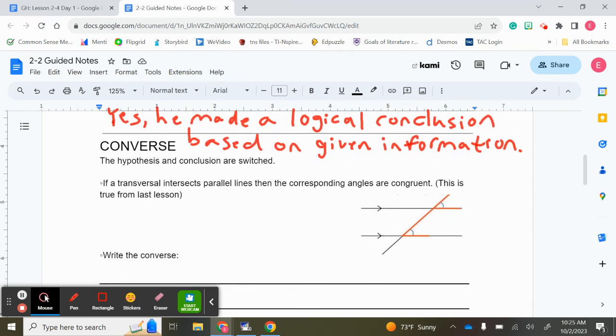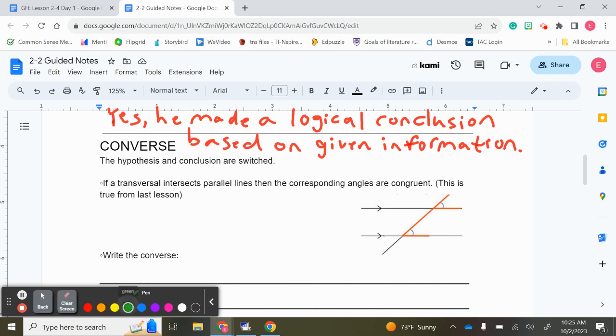Now we have the converse of corresponding angles theorem, the converse of alternate interior angles theorem, the converse of same side interior angles postulate, and the converse of alternate exterior angles theorem. What that does is if you're given the angles, then you're proving the lines parallel. So it's a flip-flop, right?